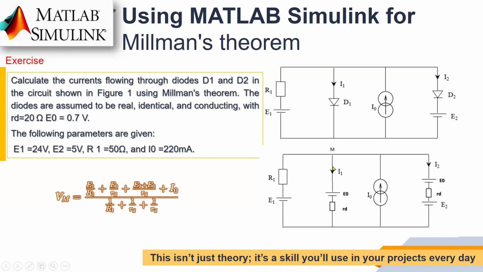The voltage in the branch here is Vm equal to this expression. Okay, this is the expression based on the voltage divided by resistor, divided by the sum of the inverses of the different resistors in the branch, plus the current, because we have the branch of current.